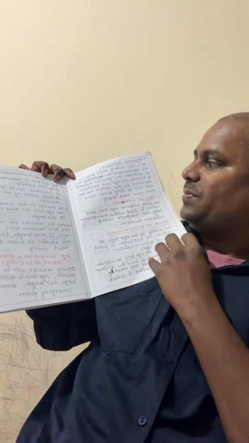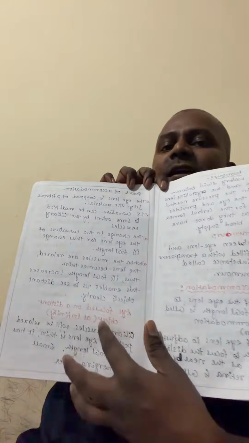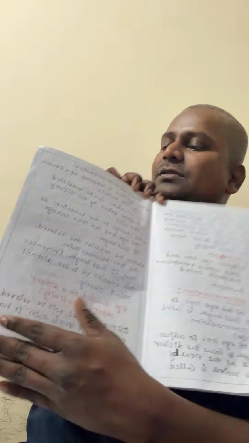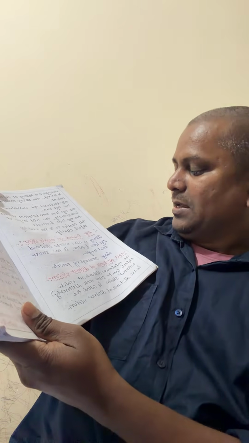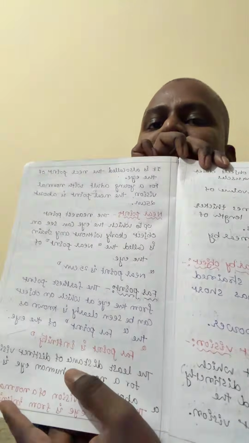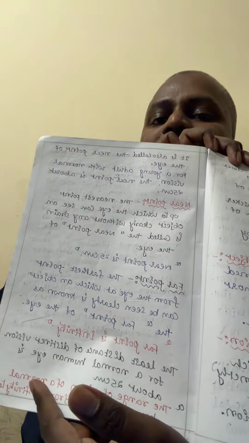Vitreous humor, power of accommodation, and notes related to it. Here the least distance of distinct vision, and here also I have written all the points.